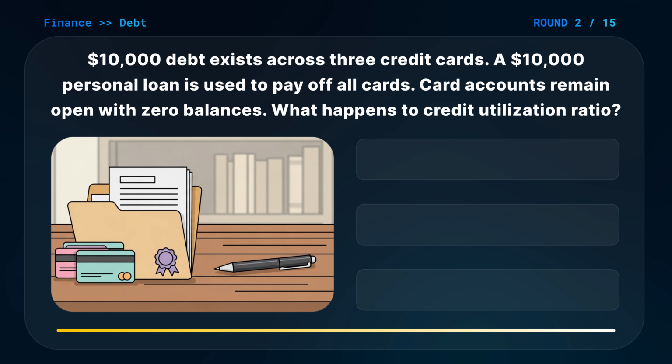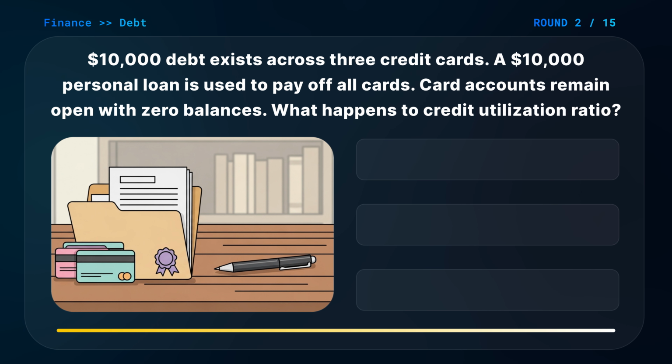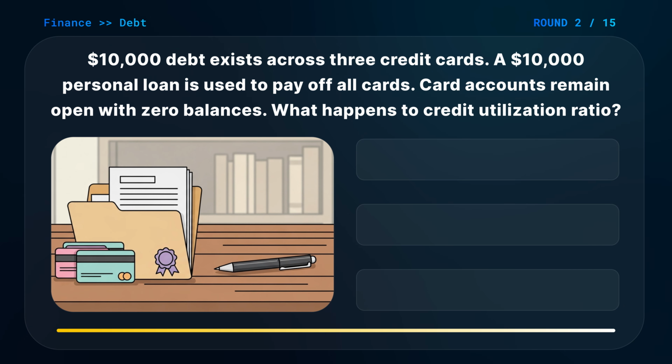All right, you have $10,000 in debt across 3 credit cards. You take out a $10,000 personal loan and use it to pay off all 3 cards completely. You keep the card accounts open with 0 balances. What happens to your credit utilization ratio after the payments are reported?